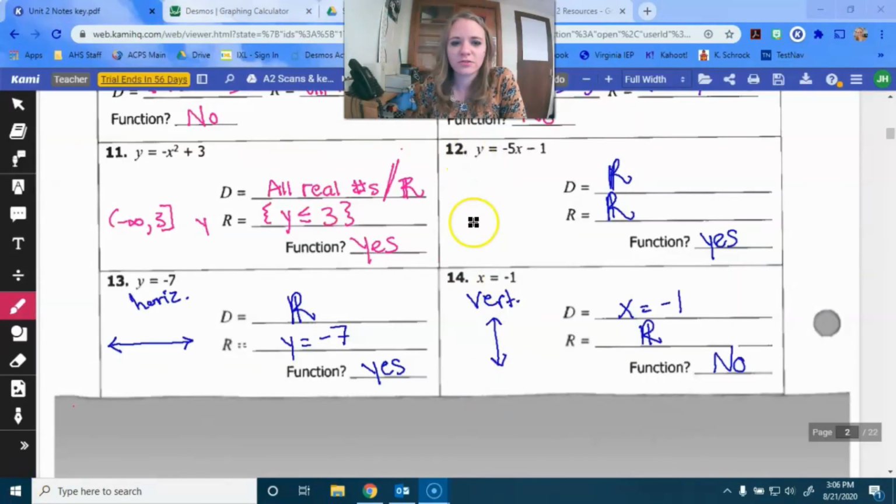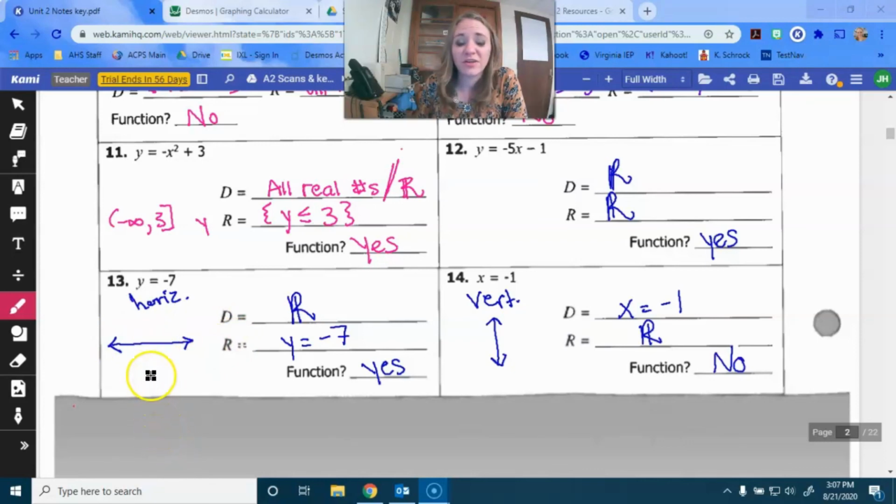Okay, your answers. Number 12, range, and function, yes, it's a function that passes the vertical line test. Number 13 was a horizontal line through -7, and it does pass the vertical line test. Domain, it does go forever left and forever right, but your range, you start at the bottom and come up.